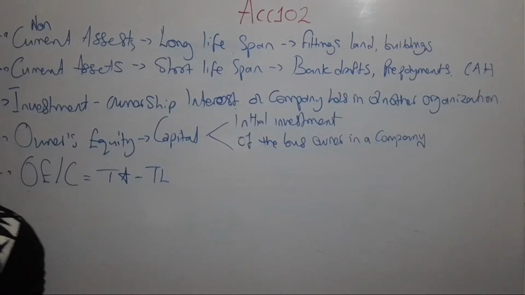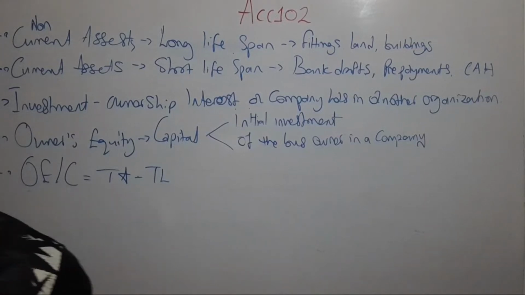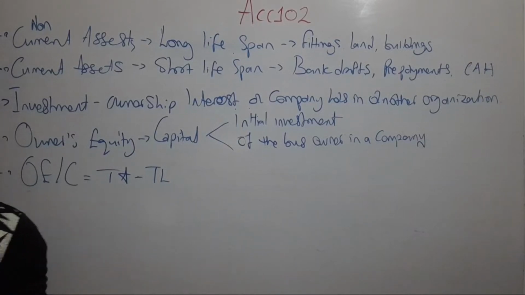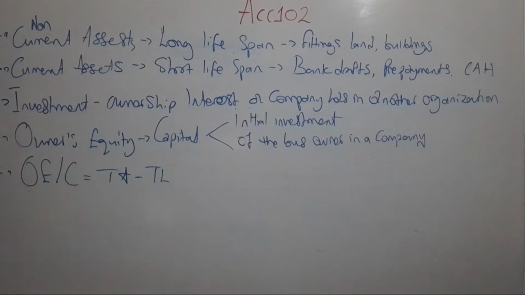So very quickly, let's talk about what we mean by bank reconciliation statement. It's a very straightforward concept. A bank reconciliation statement is a process of making the balance on the bank column of a cash book agree with the balance on the bank statement received from the bank.